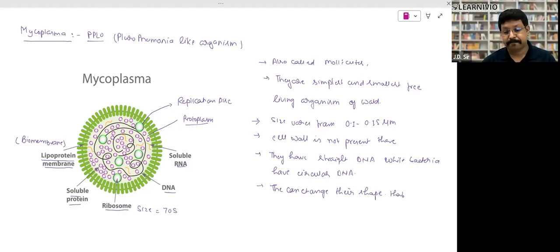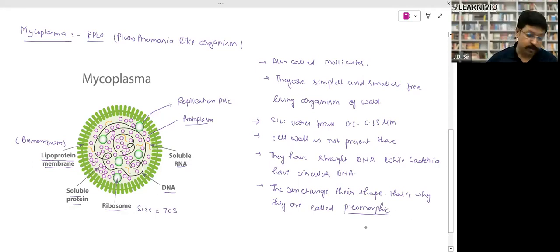That's why they are called pleomorphic, right? Pleomorphic, which can change their shape. Their size, I have told you, they are the smallest organism, and the rest of the thing matches with bacteria.